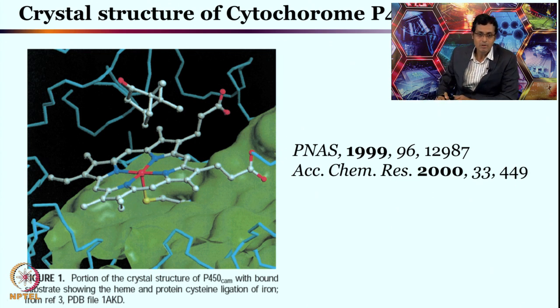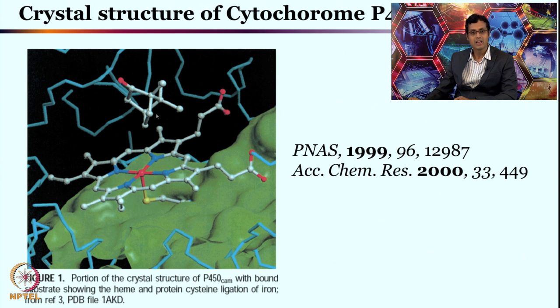For a radical type of mechanism, a tertiary CH is preferred over secondary, and secondary is preferred over primary. But in all these cases of the substrate binding pocket, substrate orientation with respect to the enzyme active site and perfect positioning of the two components, the reactive component as well as the reactant, that is the substrate, is quite important.